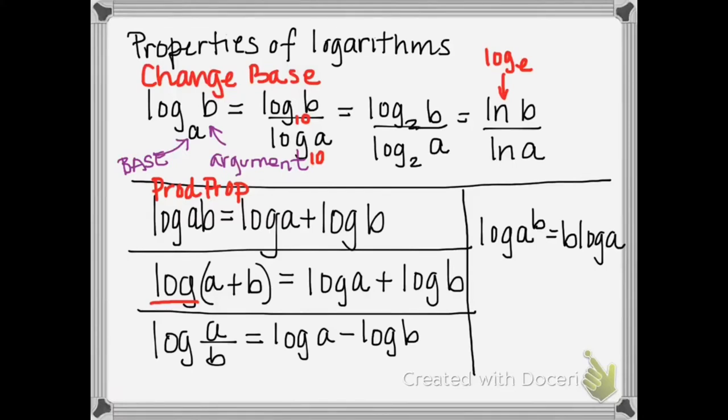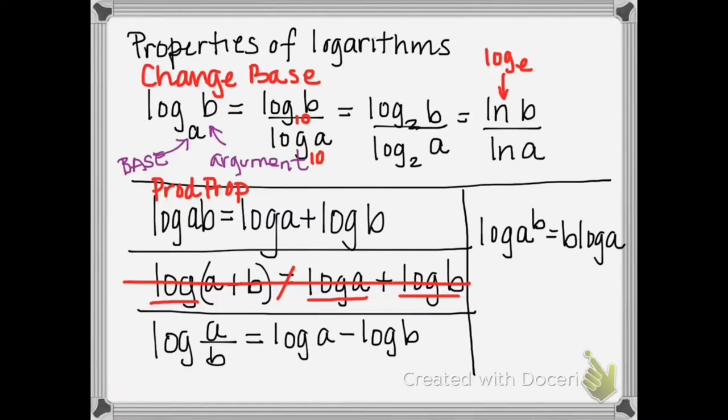What students try to do is use the distributive property with log, which doesn't make sense because log is not a number. Log is an operation, so we can't distribute it. This is not true. So be careful of that. You may encounter situations where it certainly would be convenient if that were true, but it's not.